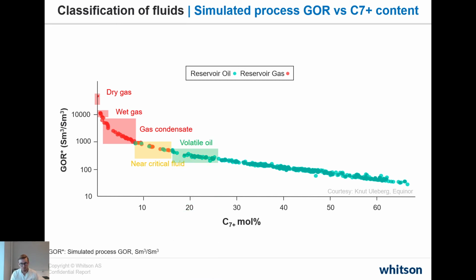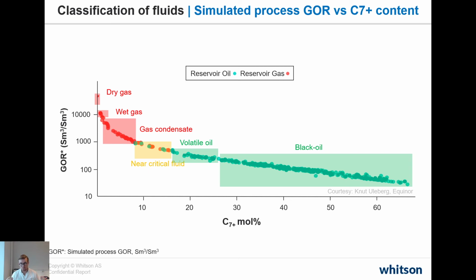This range would be the volatile oil range, while this range right here is what we refer to as black oil. So hopefully for many of you, this is a different way of looking at classification by using C7 plus mole percent, which is a very nice thing to be introduced to early, especially if you're working with compositional data, because there's so much information in this.